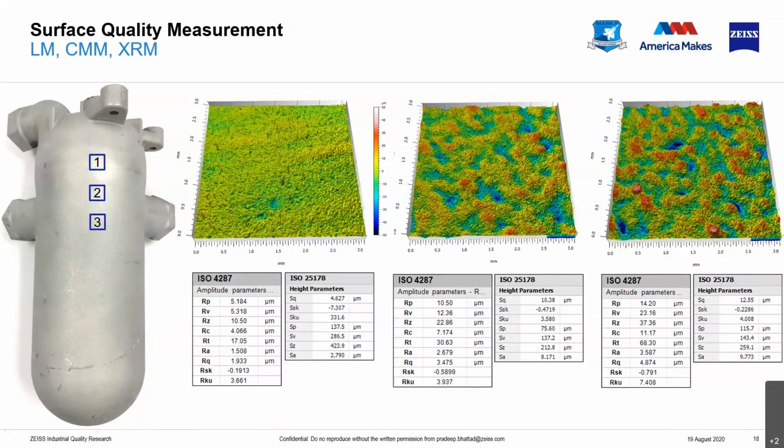A single point of measurement is not going to give us the full answer, because if you look at 3 regions which are about 1.5 centimeters, you see the surface roughness is completely different in these 3 areas.